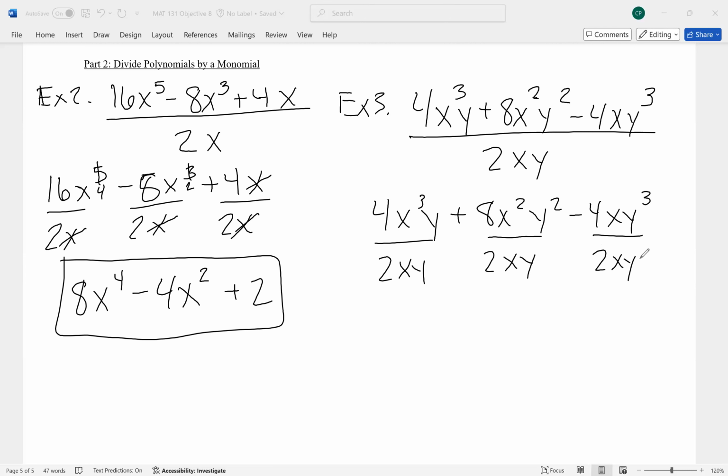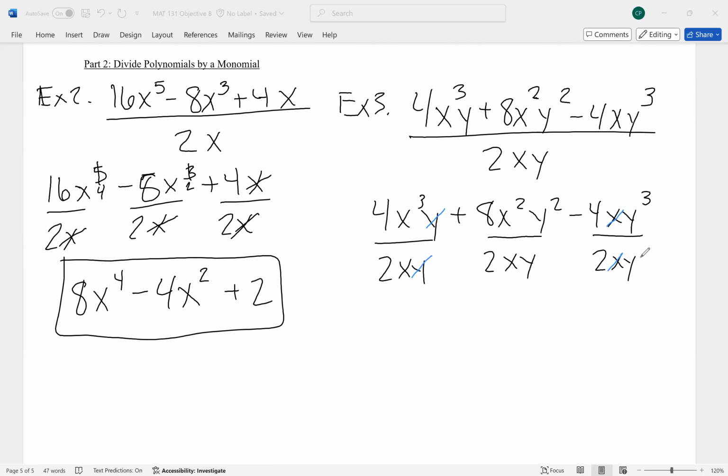Okay. If we look at the exponents, here we got an x over x that's going to cancel. Here we got a y over y that's going to cancel. So that x over x and y over y is going to cancel.